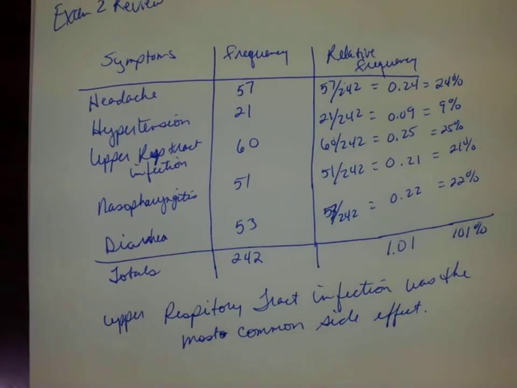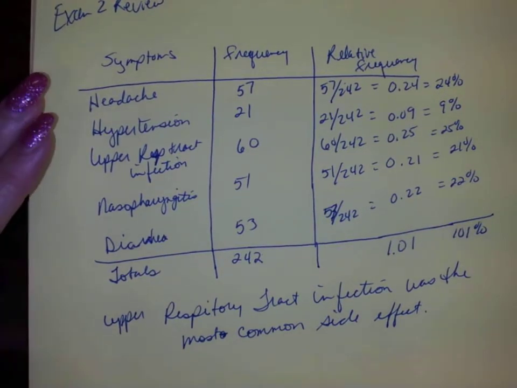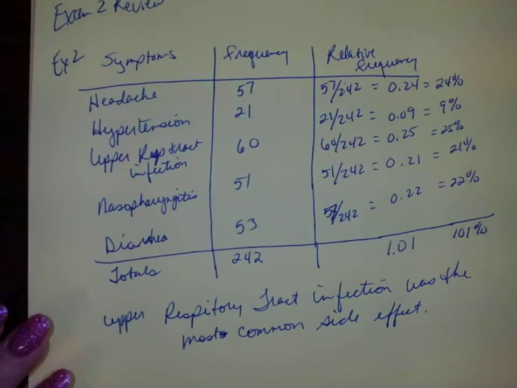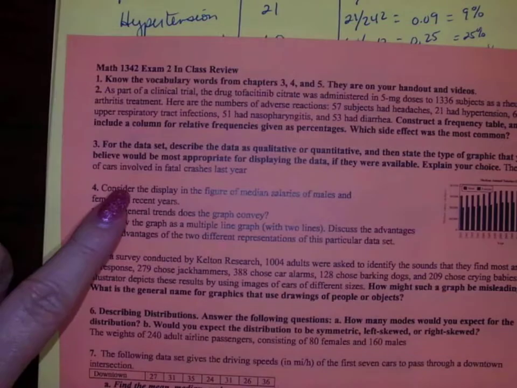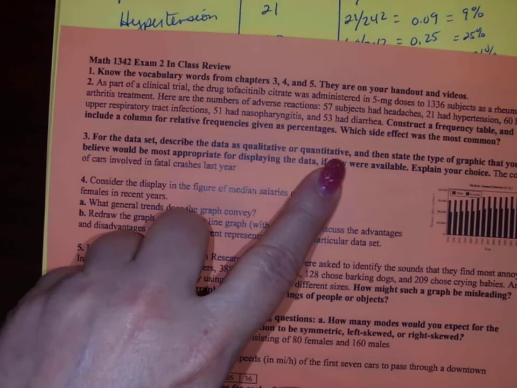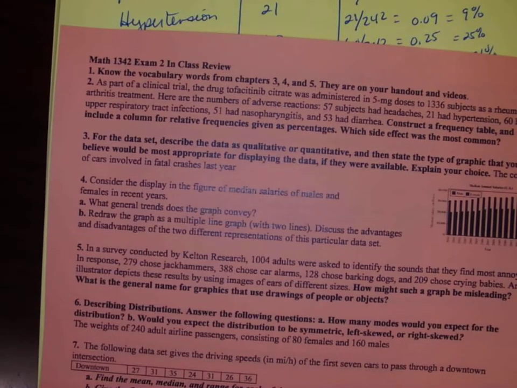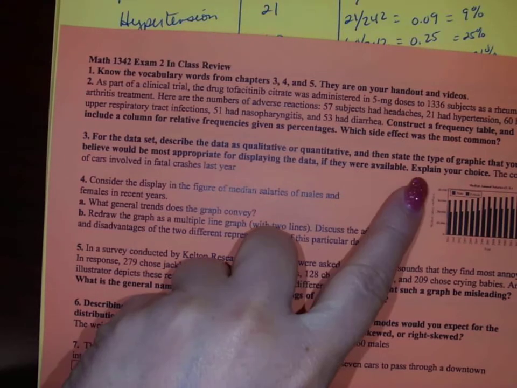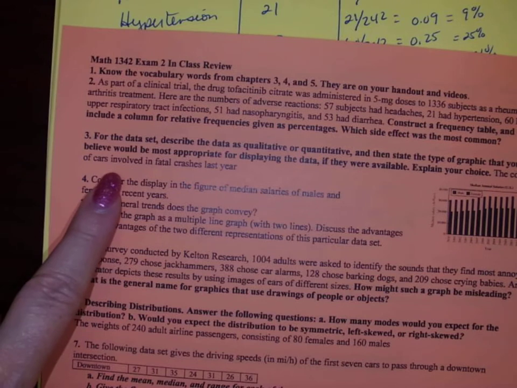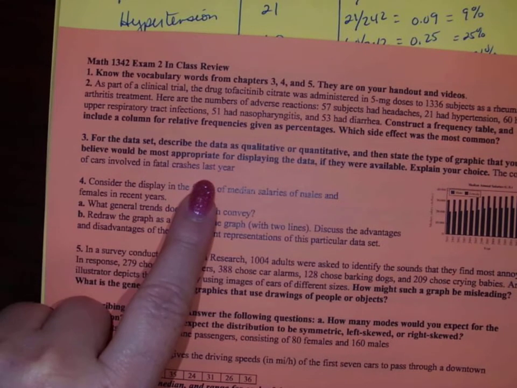All right. This was, I didn't write this one down. This is example 2. All right. So example 3. For the data set, describe the data as qualitative or quantitative and state the type of graphic that you believe would be most appropriate for displaying the data, if they were available, and explain your choice. So the data set is the colors of cars involved in fatal crashes last year.